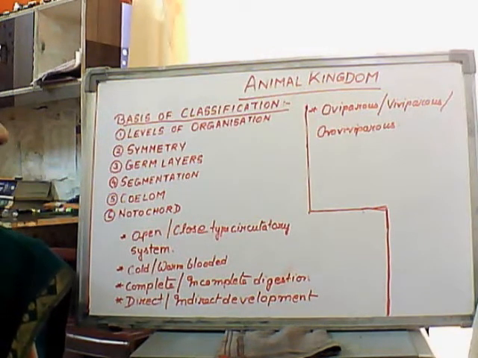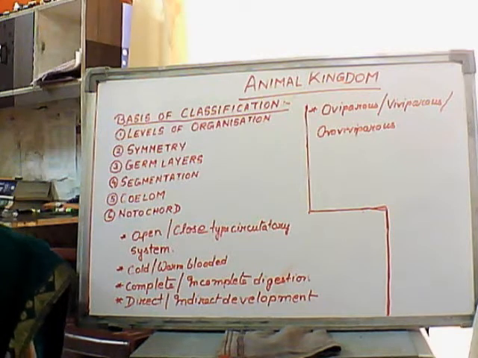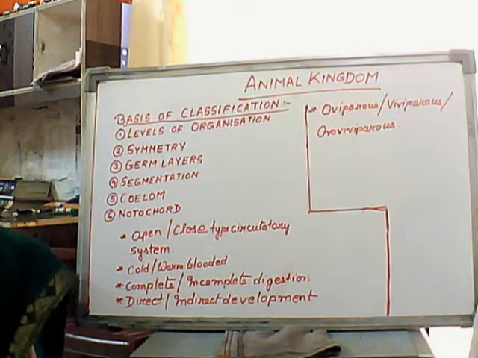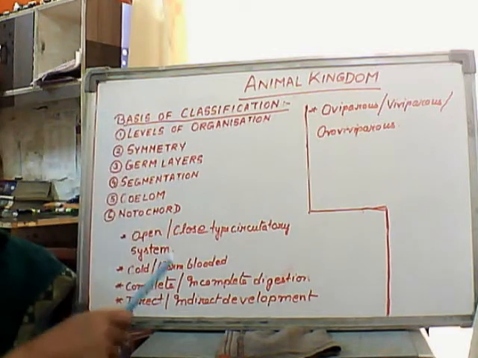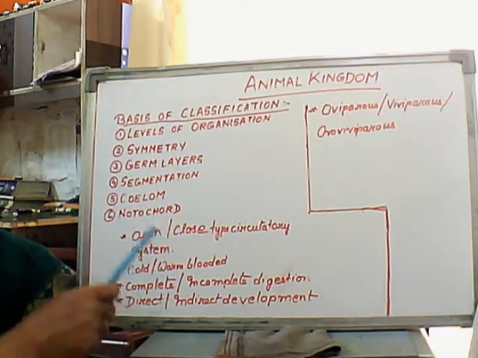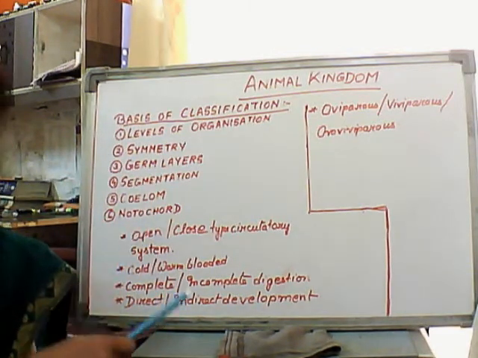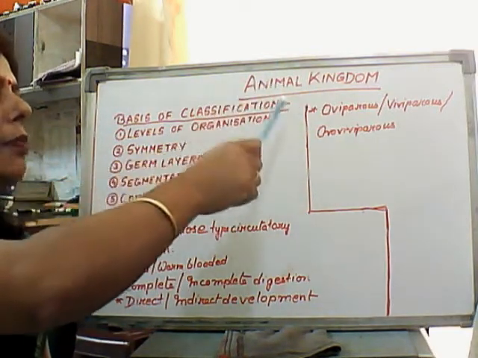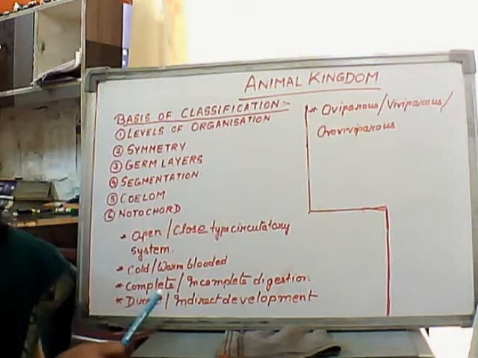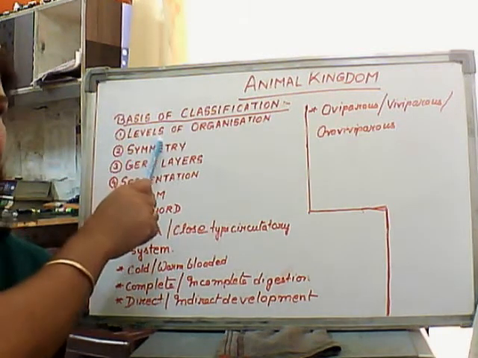Then the next level is the organ system level of organization. In it, more than one organ performs a particular function. So based on how the cells are organized, whether in the form of cells, organs or organ systems, the whole animal kingdom has been classified into various phyla. So that is the first character.